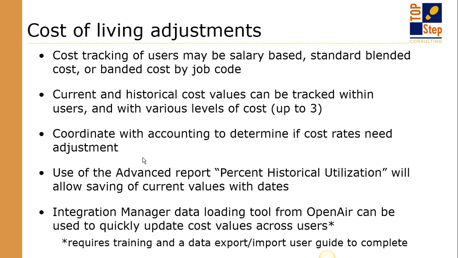And so that's important. If you're doing any sort of cost adjustments, we have a lot of customers that are taking cost adjustments on a month-to-month basis, where they'll go in and run a percent utilization, historical utilization report, and it'll look at the number of hours entered. And if you worked 170 hours in a 160-hour month, and your cost was $100 an hour, it will actually flatten your cost to be able to get your actual cost for the month.